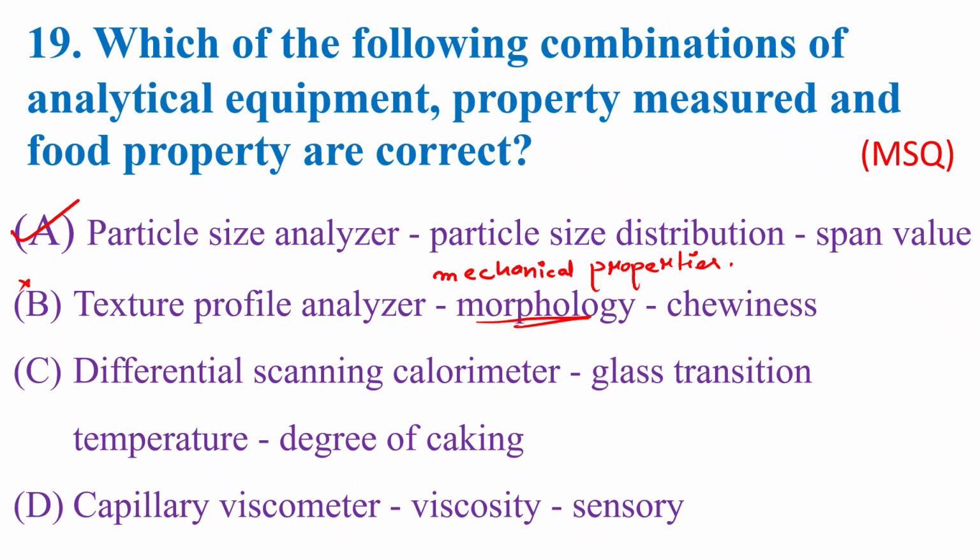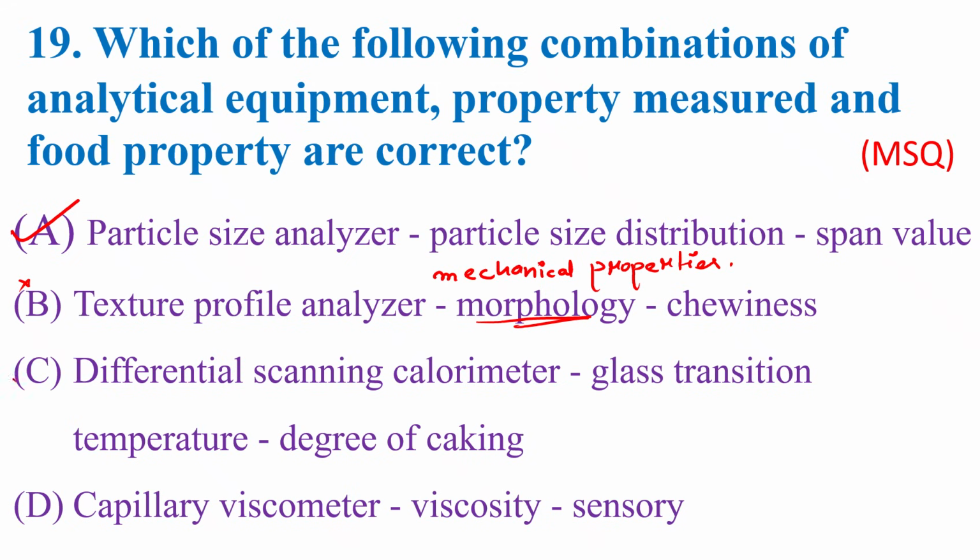Next, option number C, differential scanning calorimeter, glass transition temperature, degree of caking. So this differential scanning calorimeter will measure the thermal transitions like the Tg values, which will affect caking in amorphous powders, say for example milk powders.